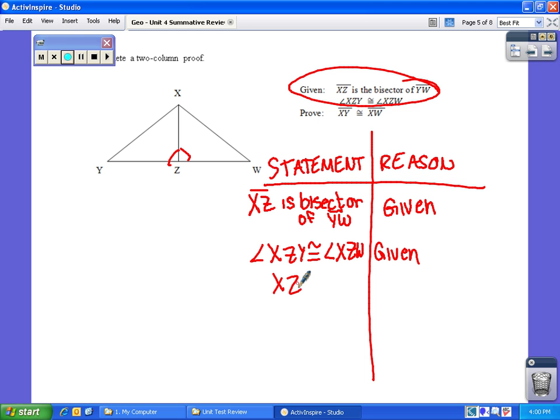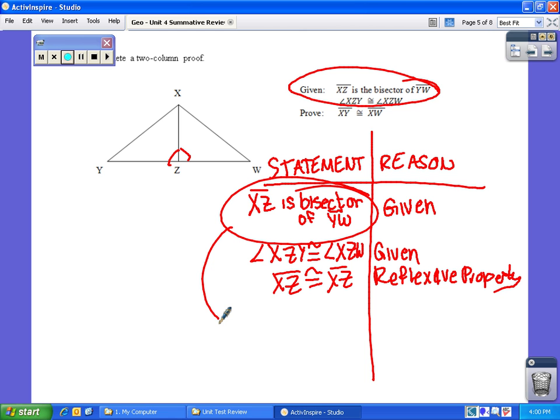Using the reflexive property, I know that XZ is congruent to XZ. And then this piece of information, XZ is the bisector of YW. That means that line segment YZ must be congruent to line segment ZW, and that's by the definition of segment bisector.